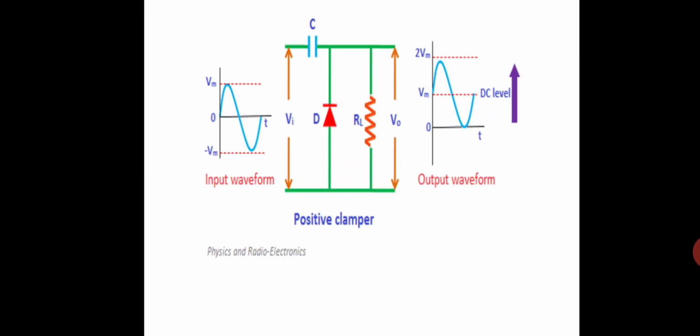And when the battery negative terminal and diode positive terminal are connected in reverse direction, it is called a positive clamper with negative bias. How does it work? A positive clamper circuit is biased with some negative reference voltage, then the voltage will be added to the output to raise the clamped level.